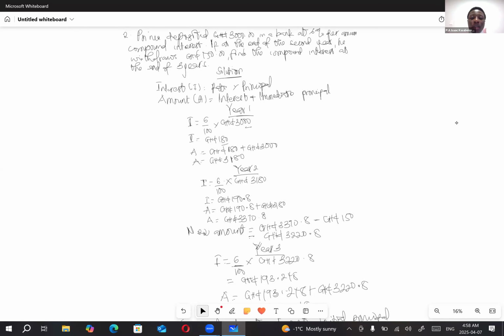So watch. What if they say the same question? Friends deposited 3,000 cedis in a bank at 12% per annum compound interest. The same question. If at the end of the first year, he added 200 Ghana cedis.